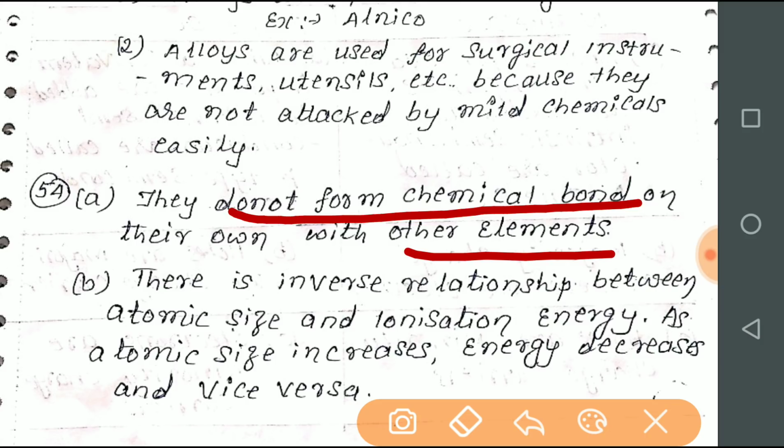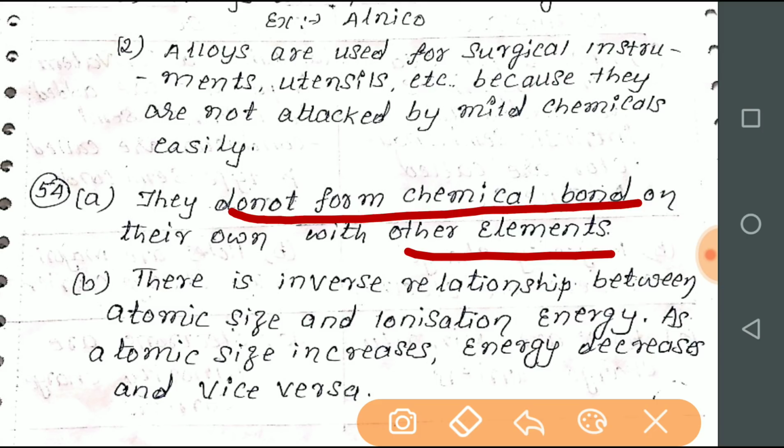Therefore, they are also called zero valency group or noble gases. Now, the second part: ionization energy increases along a period and decreases down a group.